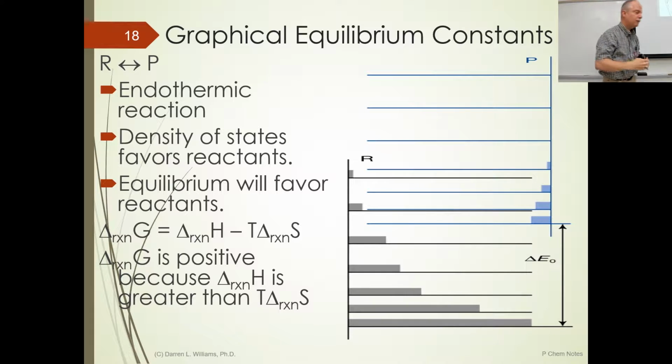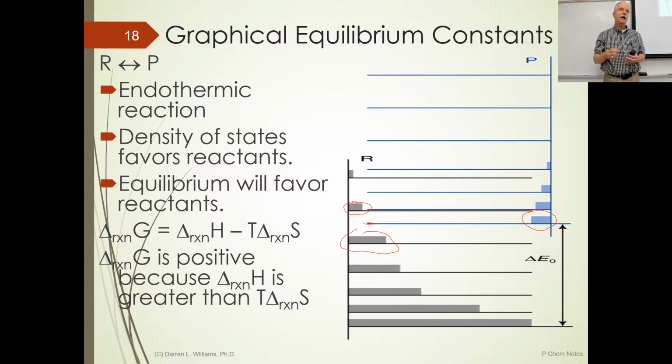So when it gets to this point here, let me find my pen. Okay, when it gets to this point here, the very next energy level happens to be a product energy level. And so it's slightly less probable than this energy level, but slightly more probable than this one. So it's in between those, and so its probability reflects that.